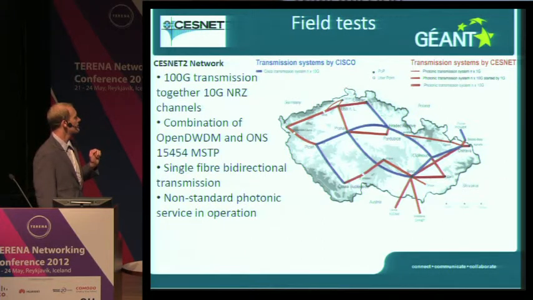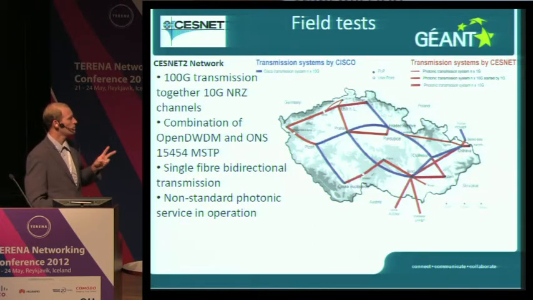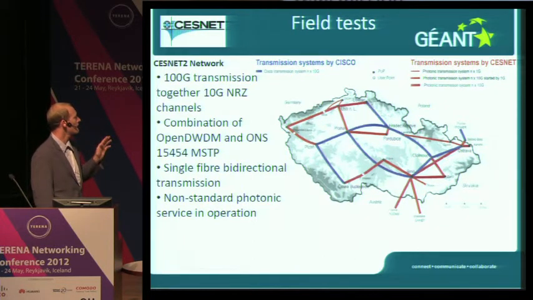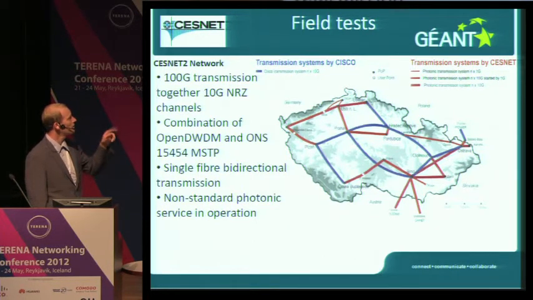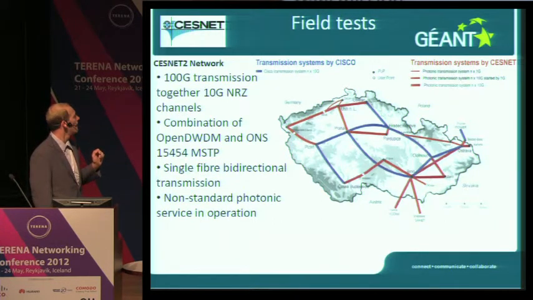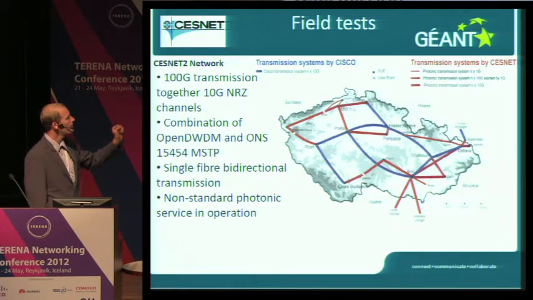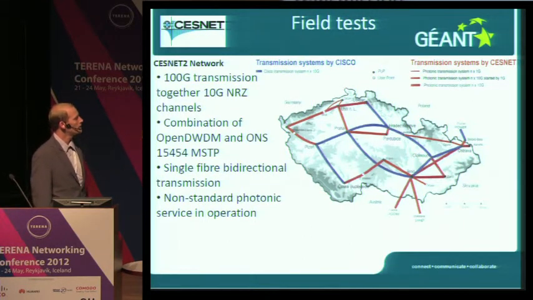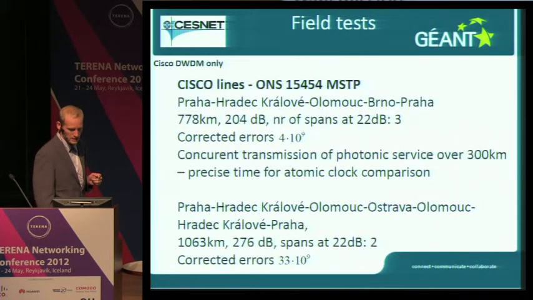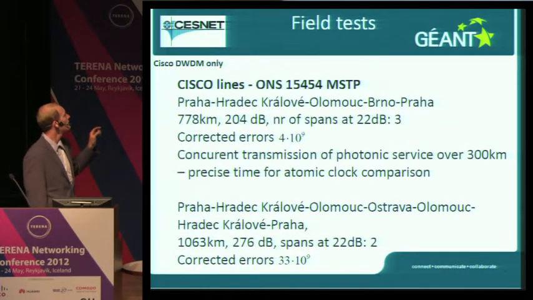In these tests we tried to work in a multi-vendor environment, across two different systems, and we also used single fiber bidirectional transmission lines, which are in the northwest of our country. We also have a non-standard photonic service in operation between Prague, the capital city, Brno, and Austria, which is south of the Czech Republic.